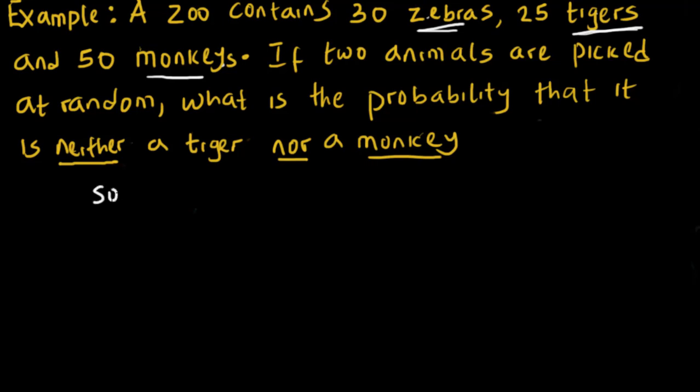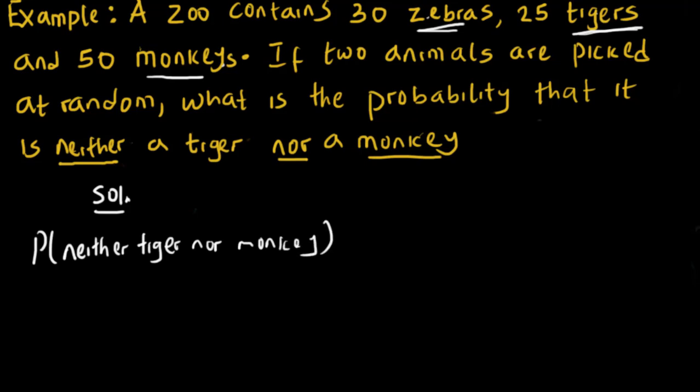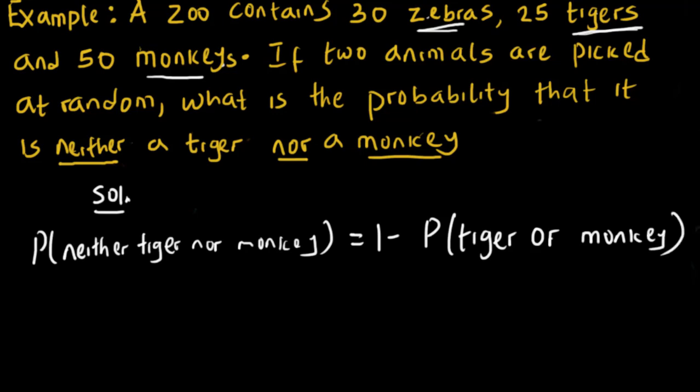Now this is simple, because probability that is neither tiger nor monkey is simply equals to 1 minus probability that it's either a tiger or monkey. Does this make sense? So we'll be having equals to 1 minus. Remember, we got probability of tiger or monkey to be 5 over 7. So we have 1 minus 5 over 7.